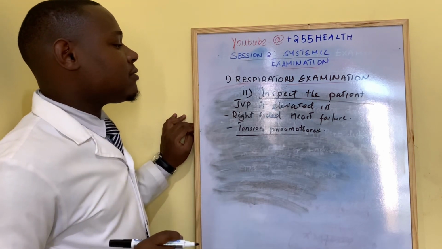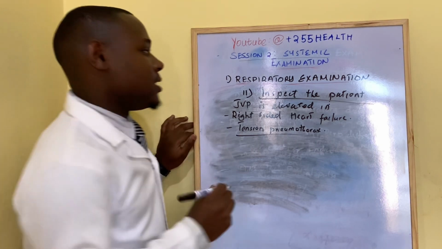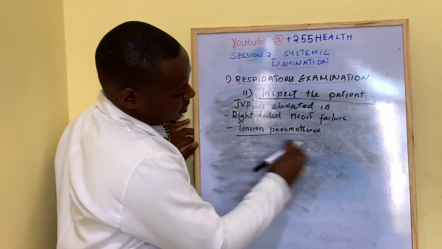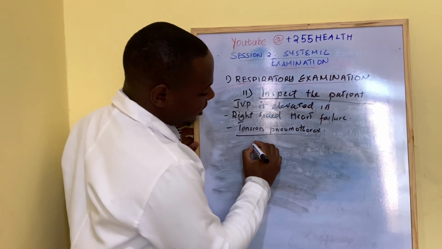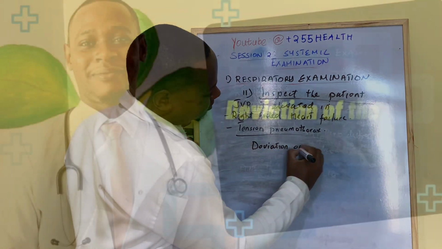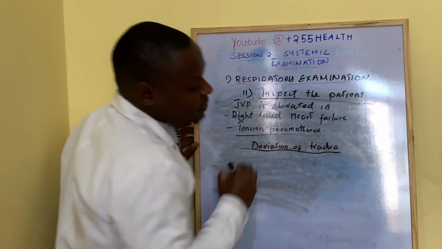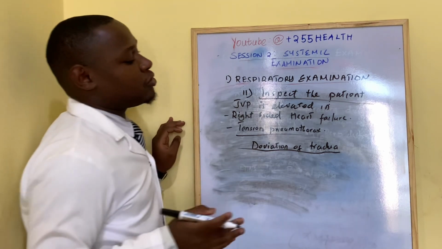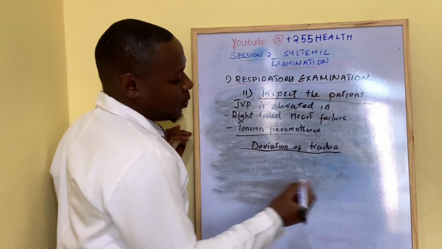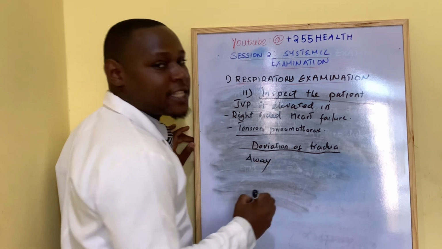So after that, you can go to the inspection of the face. You check for the deviation of the trachea. Yes, deviation of the trachea. This is very important. You want to check if the trachea is deviated away or towards. So what are the conditions where the trachea will be deviated away?